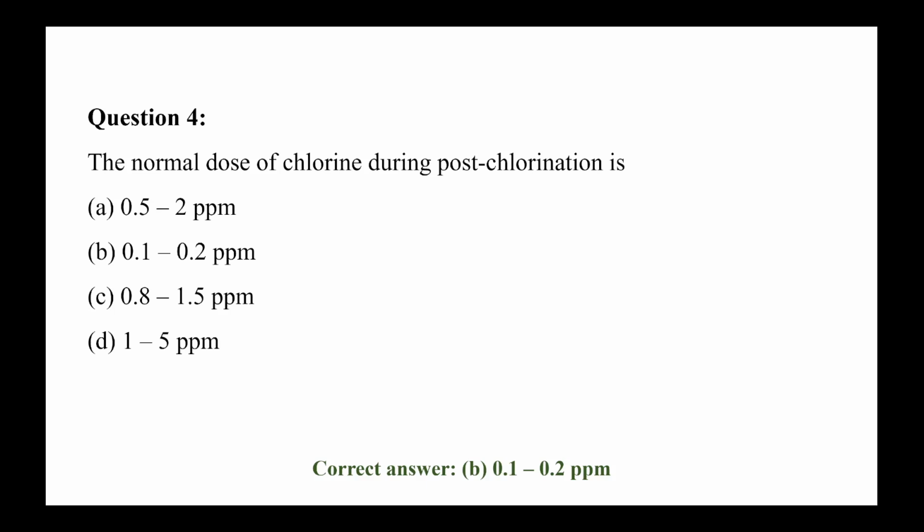So there are two terms, pre-chlorination and post-chlorination. It basically means whether you are doing the chlorination before filtration or after filtration or water treatment. Whenever the initial source of water is water bodies, it goes through certain water treatment.